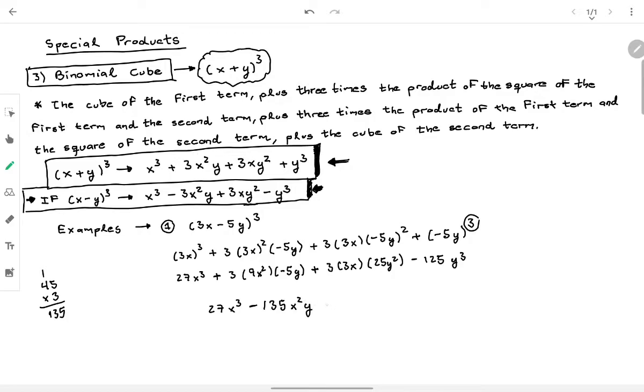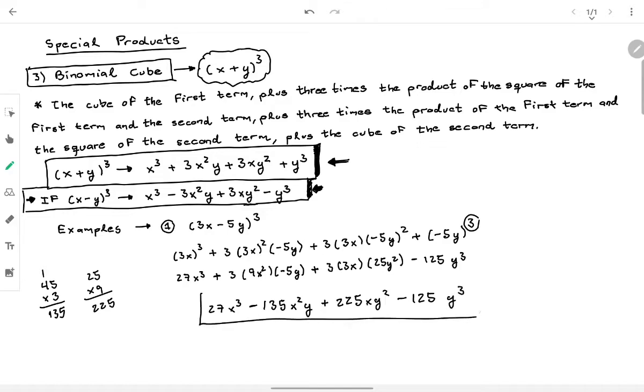Then it's going to be 25 multiplied by 9, that is 225. So it will be plus 225 xy squared minus 125 y cubed.